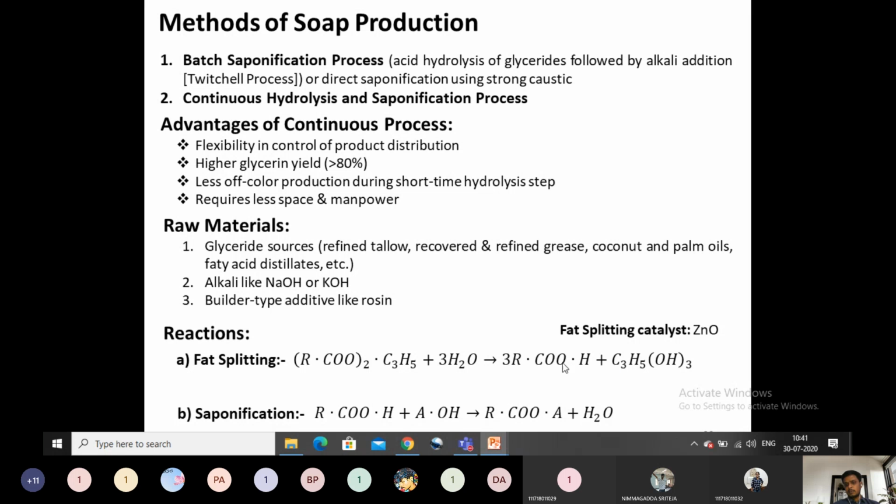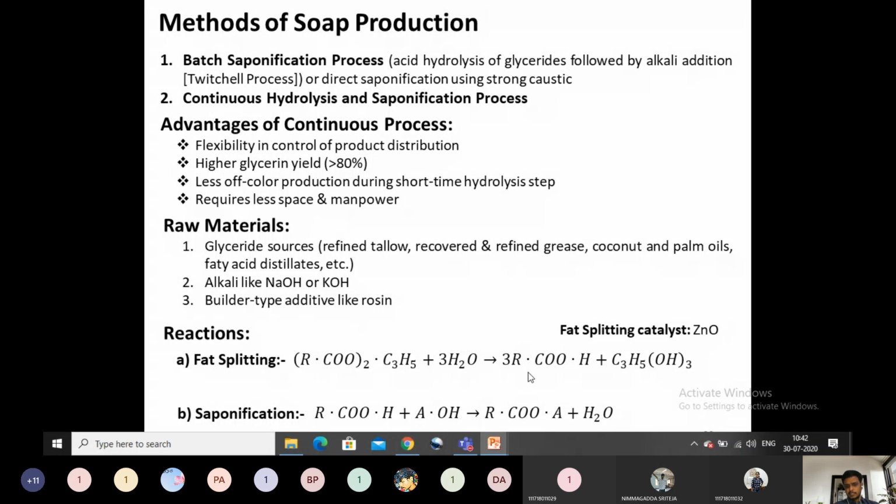Initially, the triglyceride is just split into two fractions: one is the free fatty acids, and the other is one molecule of glycerin or glycerol. Glycerin or glycerol is the same. Glycerides refer to triglyceride, monoglyceride, diglyceride, whereas glycerin and glycerol are the same.